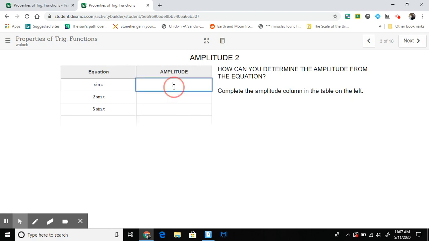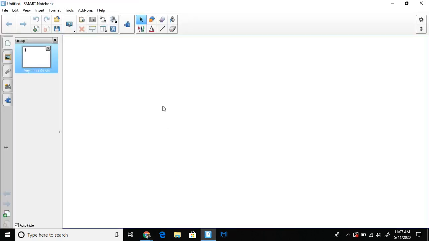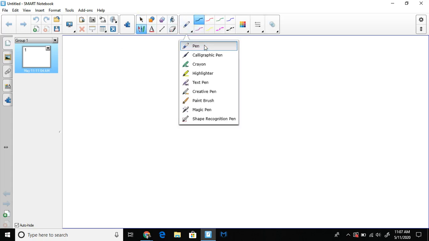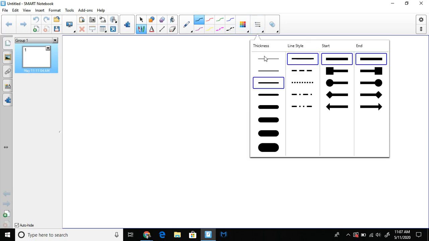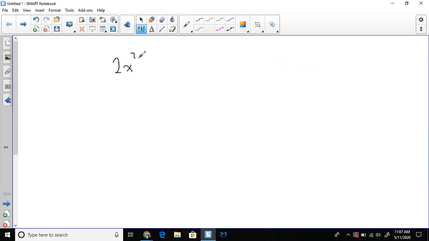Now what's the amplitude? Generally, if you remember from when we had regular functions, not trig functions, like if I had 2x squared or 2 root x or 2x cubed, the 2 here was the a value.